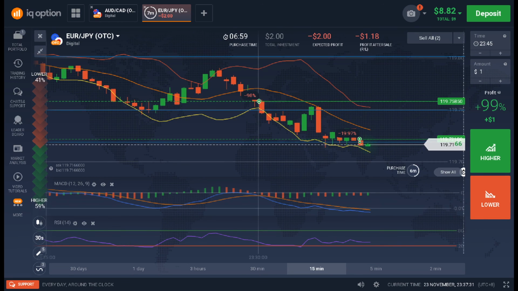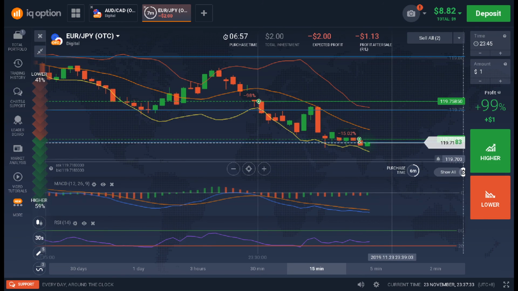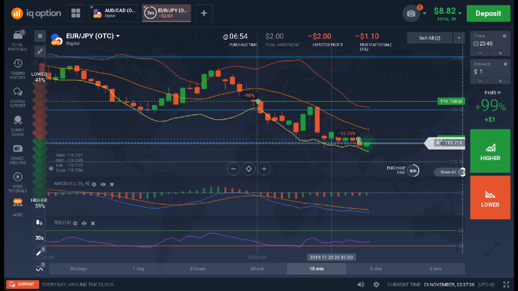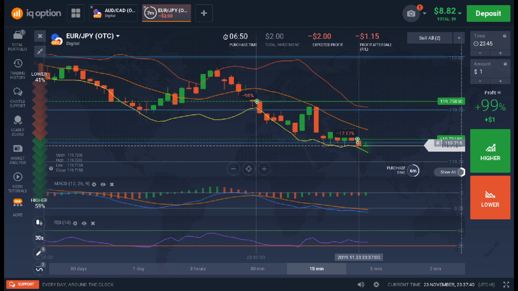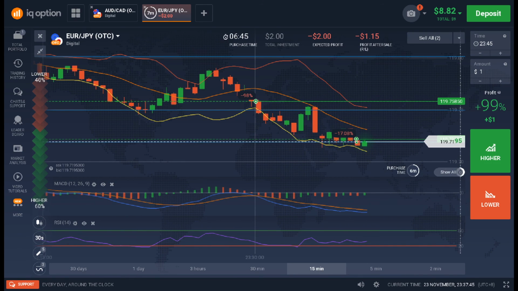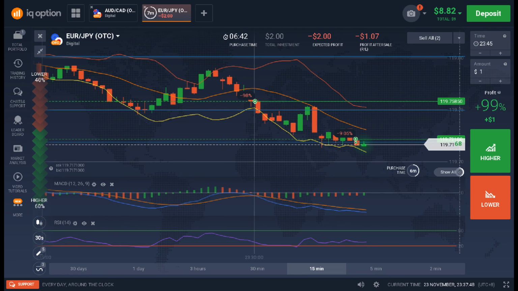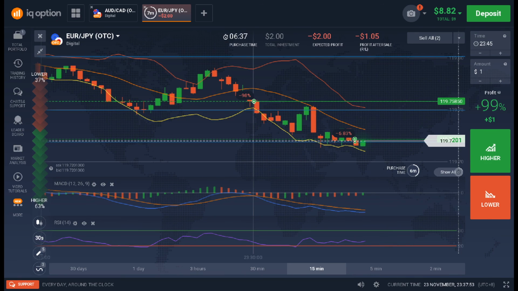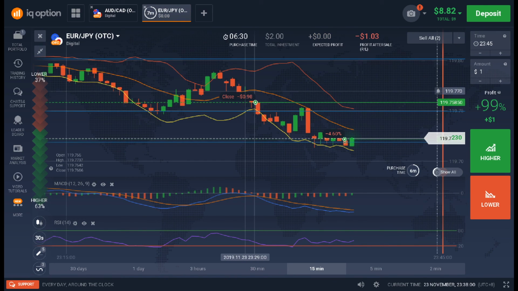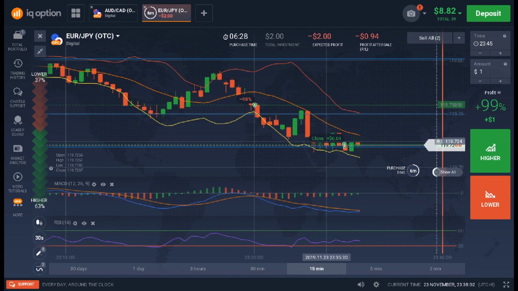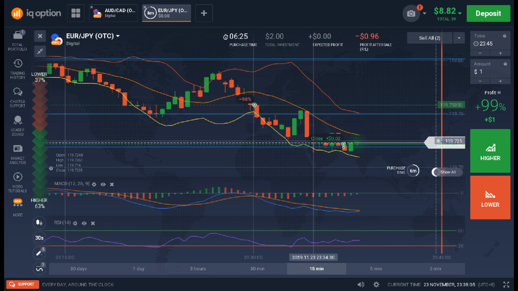Okay, just give me that good bounce, please. At least I could end with a positive in this $10 challenge. Looks like it. At least if I don't get it right here, I end this trade with a positive one.